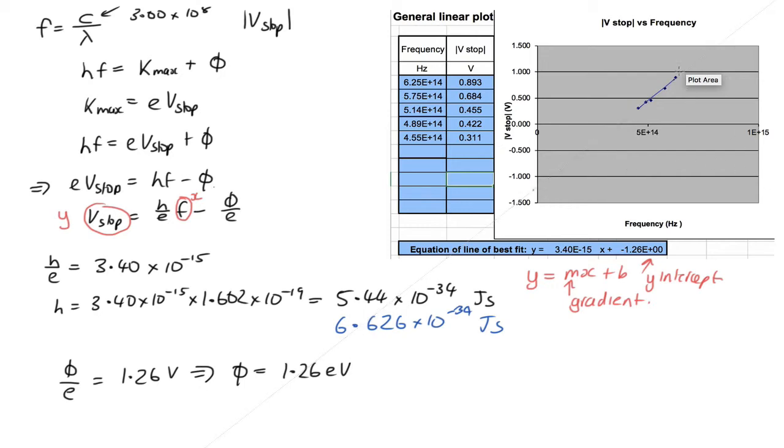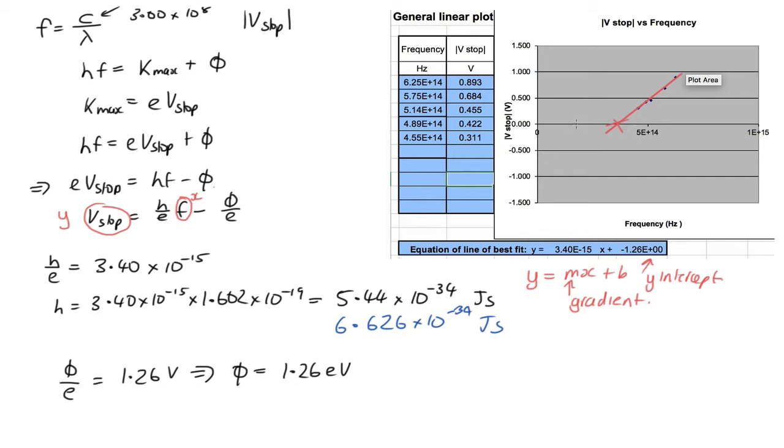So we've pretty much got a line around about like that, and we're looking for this point here where it crosses the x-axis.